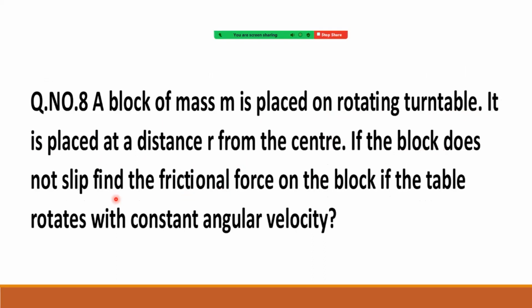If the block does not slip, find the frictional force on the block if the table rotates with a constant angular velocity. It is a very simple question. Given a block of mass m placed on a rotating turntable at distance r from the center. The block does not slip. Find the frictional force on the block. The condition is omega constant.